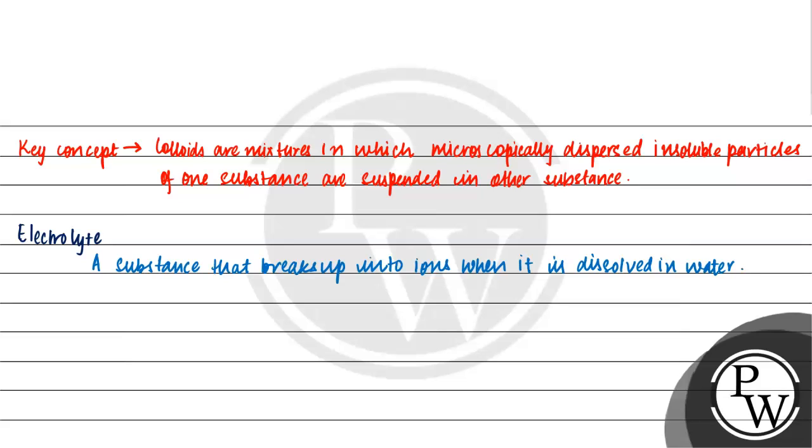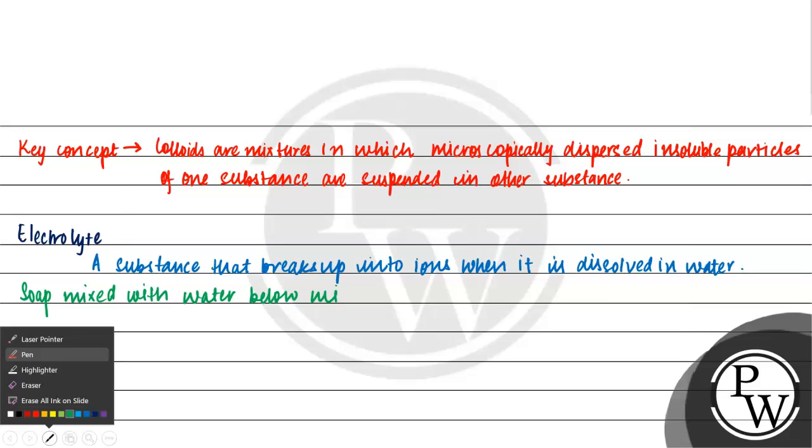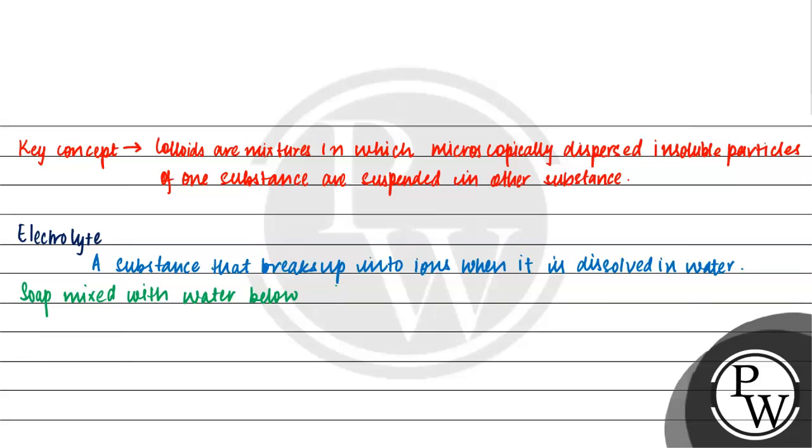Now, if we talk about the options that are given to us in the question, we know that soap mixed with water below critical micelle concentration, which is CMC, is known as normal electrolyte solution.